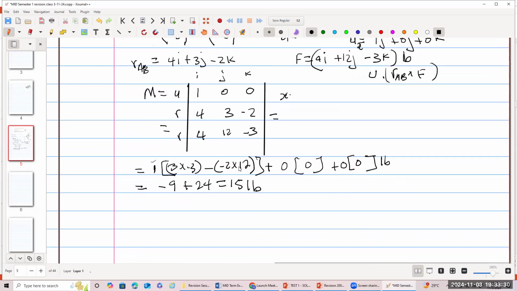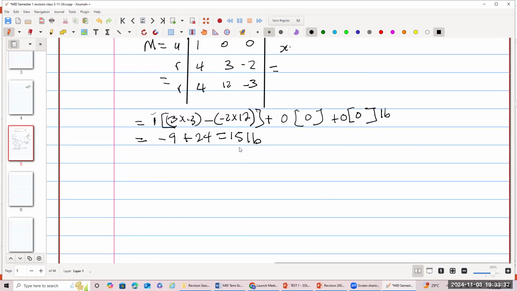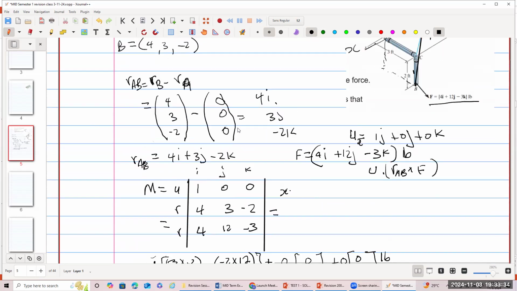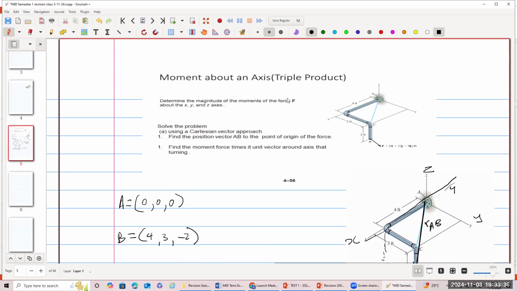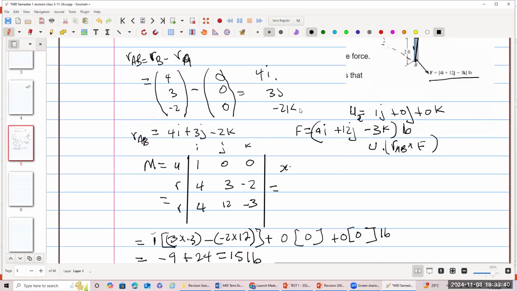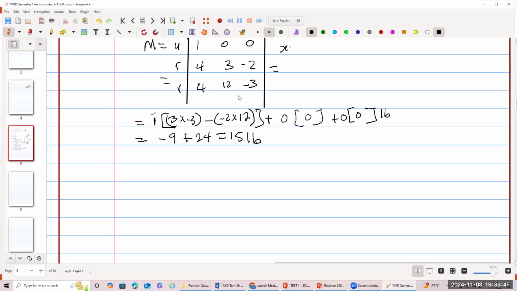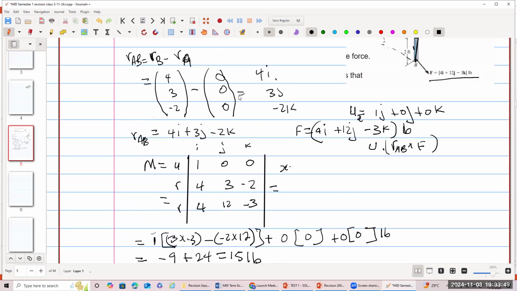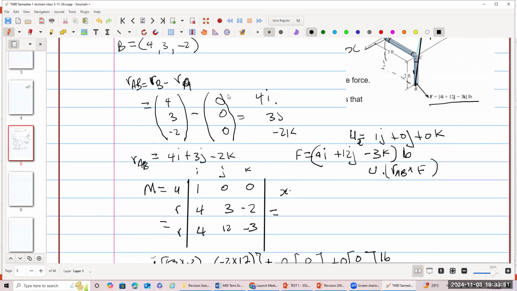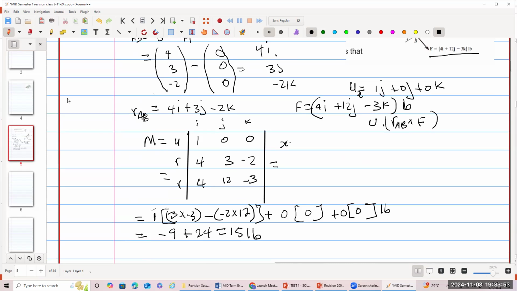The others are pretty straightforward, so I'll just do one of them, and that is about finding the moment about an axis. The triple product gives you a scalar value, in this case 15. When you find the moment about a point, you will get a Cartesian vector. All right, so I'm done there, so we move on.